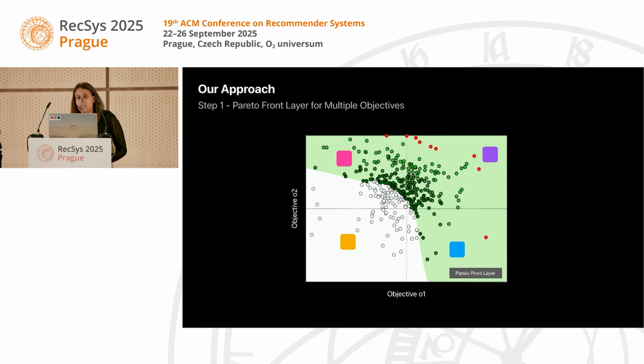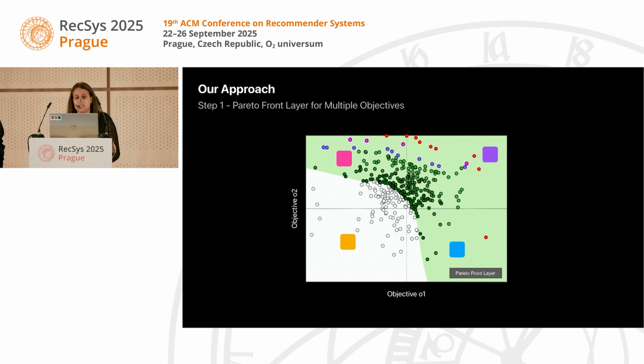In order to compute these points, we use a highly efficient algorithm called Kung's algorithm that runs in n log n time for fewer than 4 objectives, where n is the number of points in our solution space. These items are the first items that we add to our recall set.